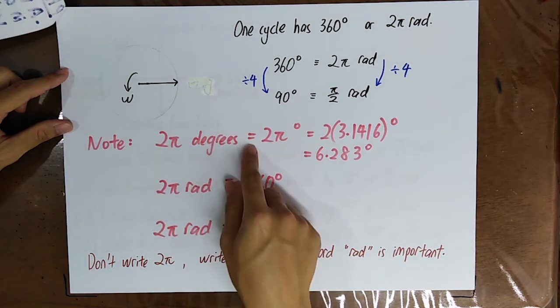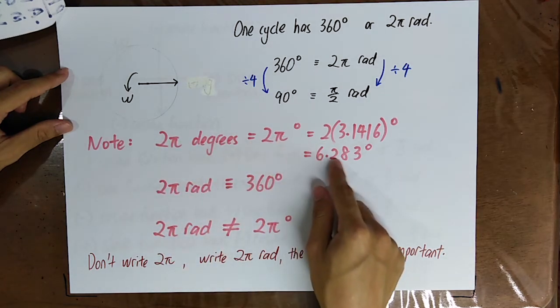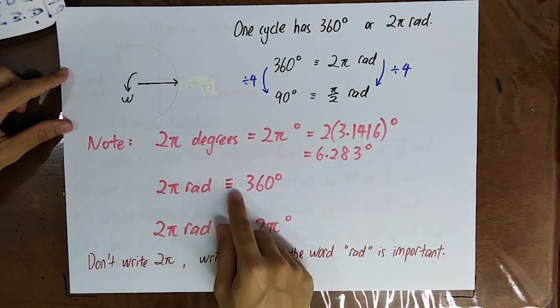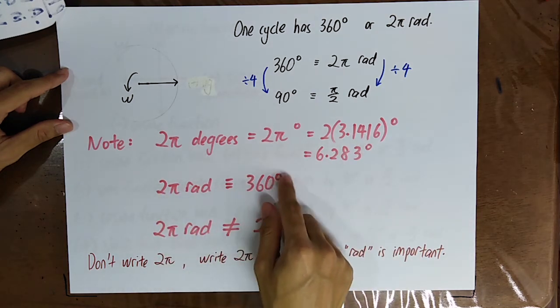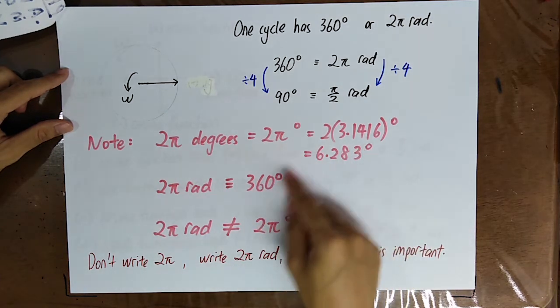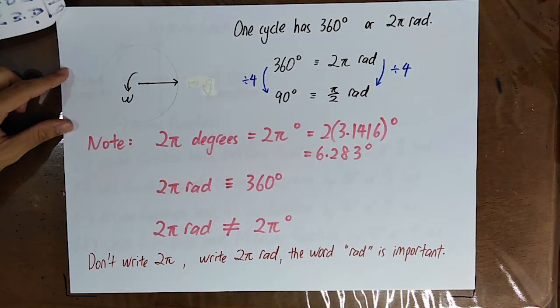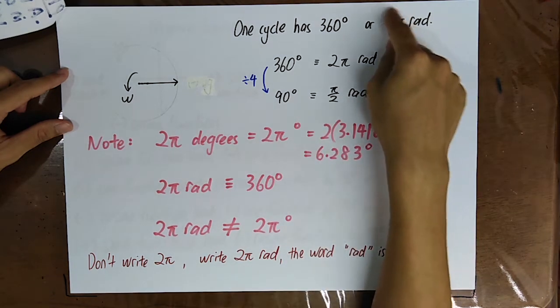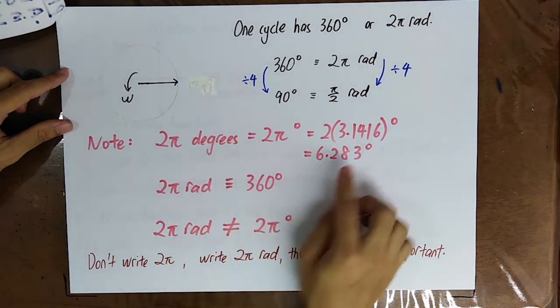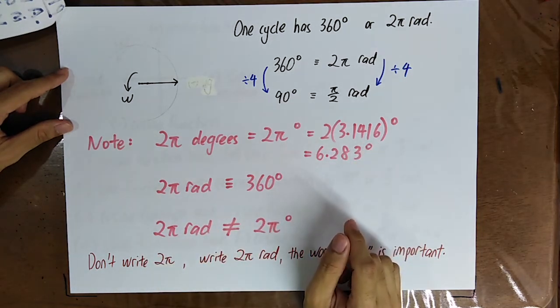Because 2 pi degree is just equal to 6.28 degree. But 2 pi radian is equivalent to 360 degrees. They are totally different. So when you are using pi, when you are using 2 pi, you know that it's in the form of radian. It is never in the form of degree. Okay?